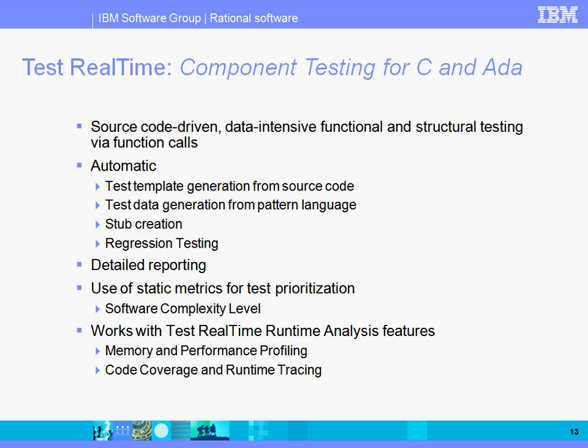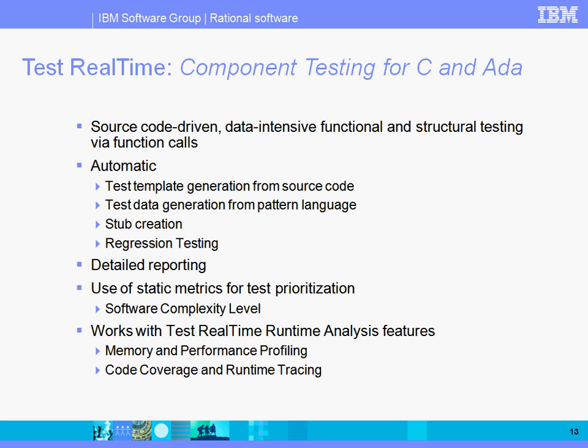Now this is a source code driven, data intensive functional and structural testing using function calls, and it is automatic because it generates a test template automatically from the source code. So there is test data generation from pattern language, and you can also create stubs.